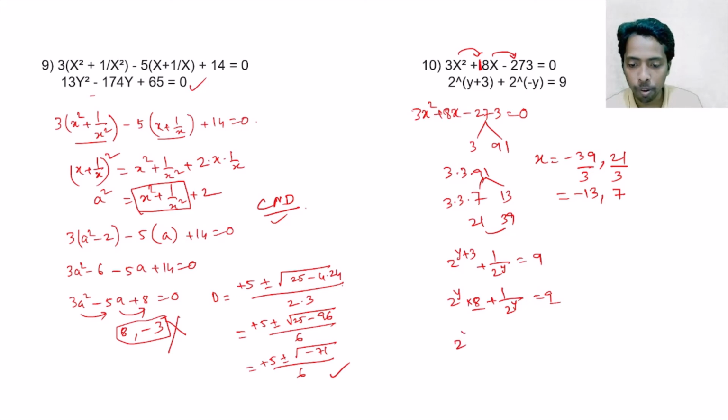Now, so 2 to the power y equals to 1, which gives us 2 to the power 0. That means y equals to 0, right? So the value of y is 0. Now, if we take x value as minus 13, y is greater. If we take x value as 7, y is lesser. So C and D is the answer here.